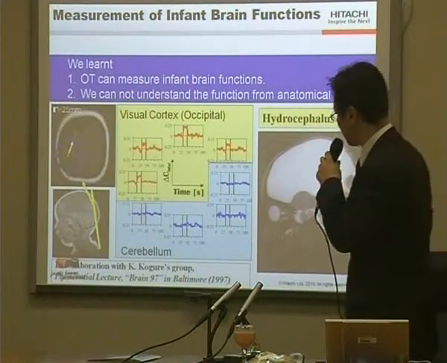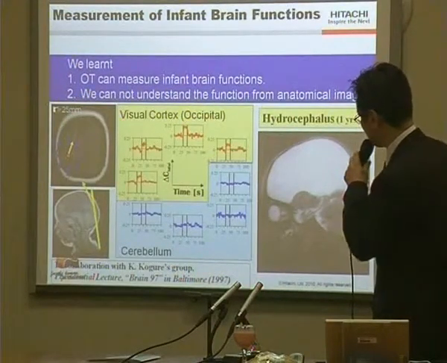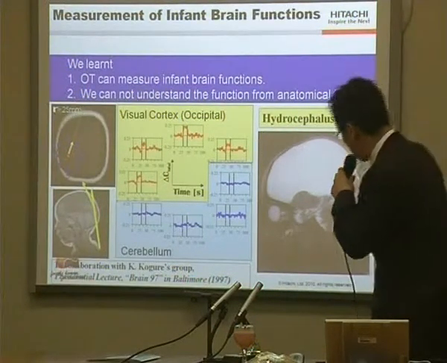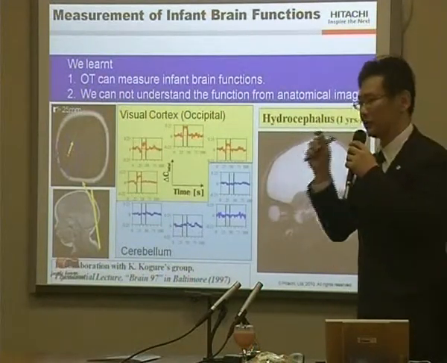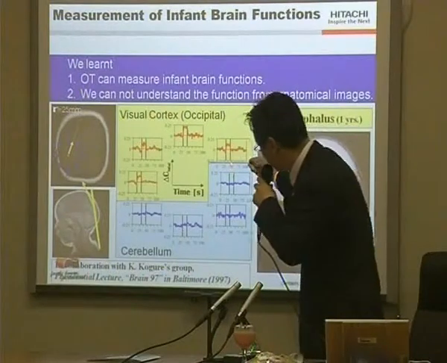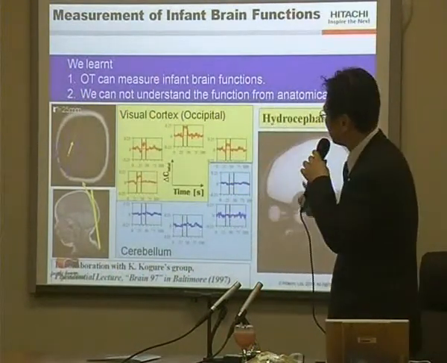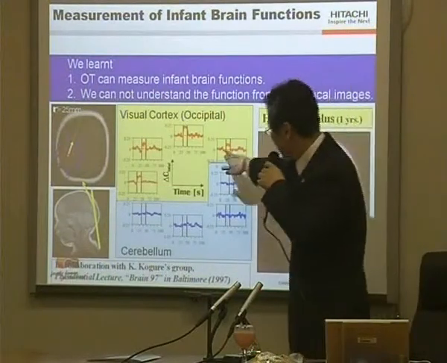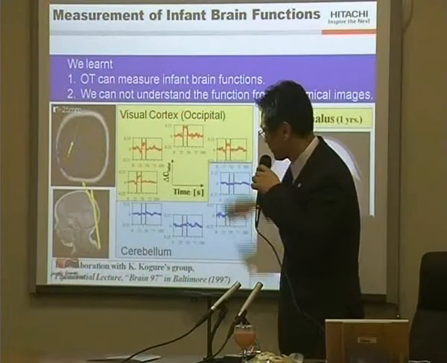And we tried to measure the visual cortex using optical topography, because here is the visual cortex. And we exposed the baby to a light pulse for about 10 seconds. We found a very clear response in the visual cortex, so blood volume increased there.